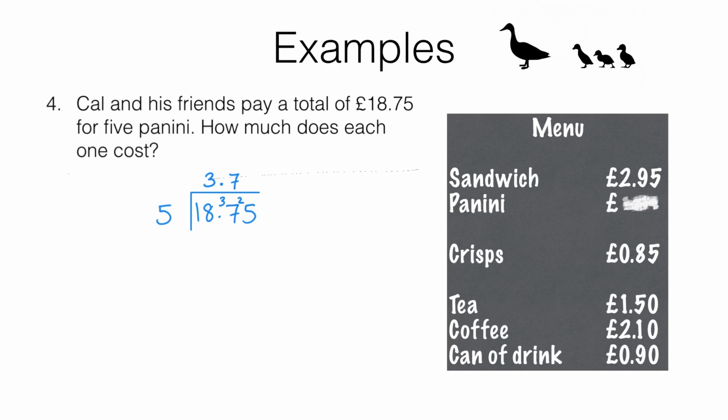Popping that remainder there, I then need to look at how many times 5 goes into 25, and it goes in 5 times. So £18.75 divided by 5 gives me £3.75. That means each panini cost £3.75.